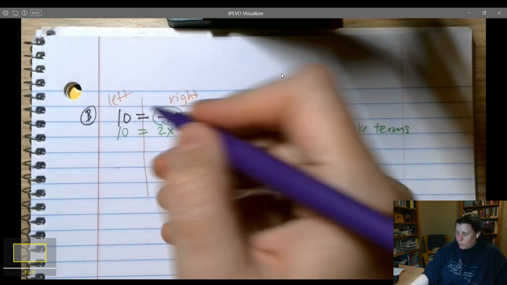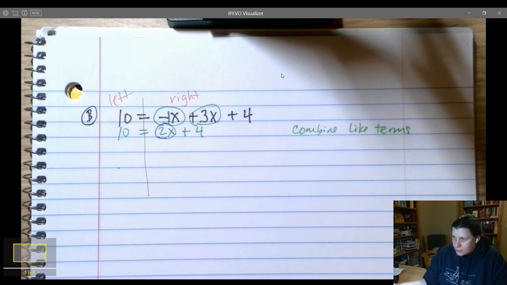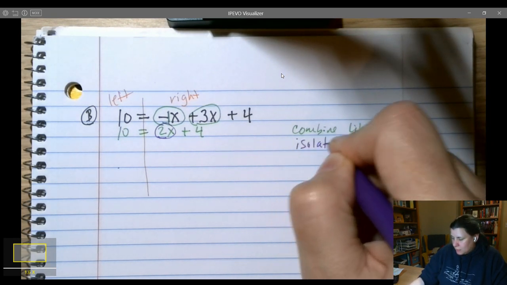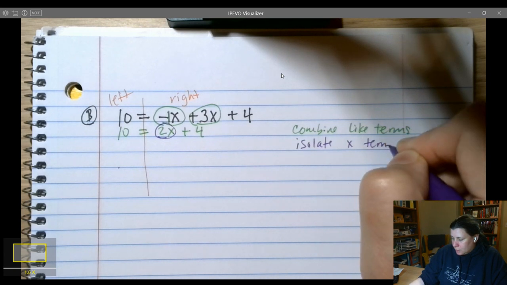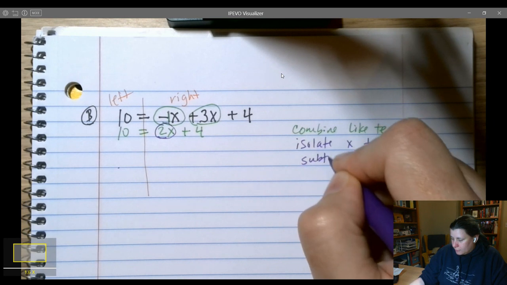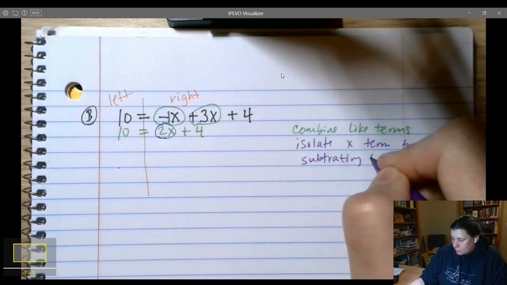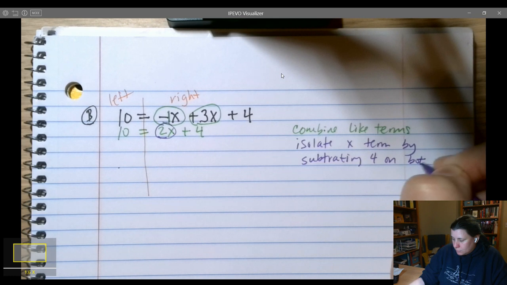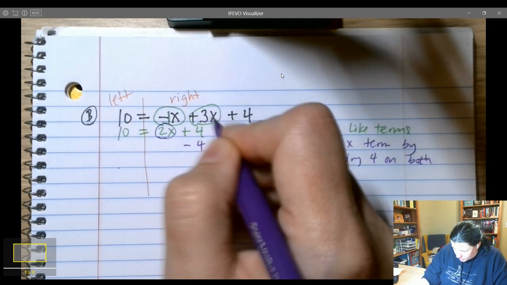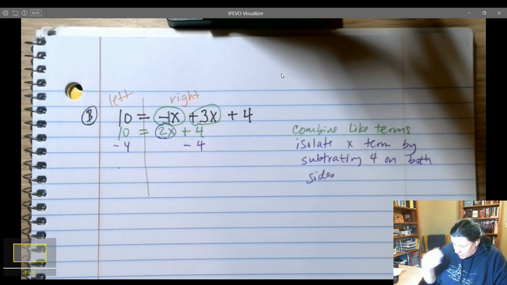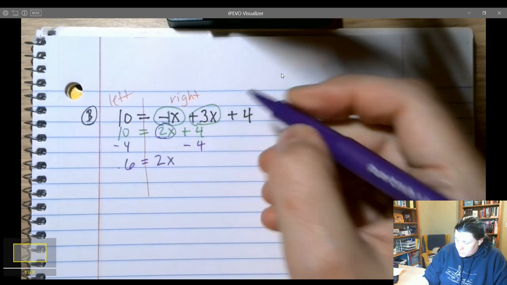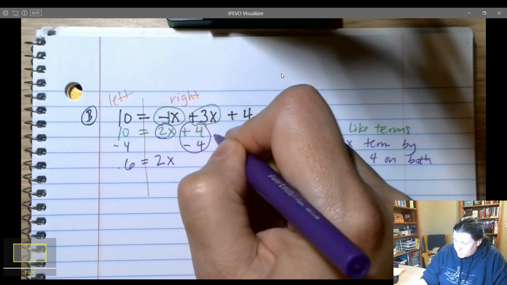The next thing I want to do is isolate the x term by subtracting 4 on both sides. Subtract 4. Subtract 4. 10 minus 4 is 6. That's still equal 2x. 4 minus 4, that's just 0.